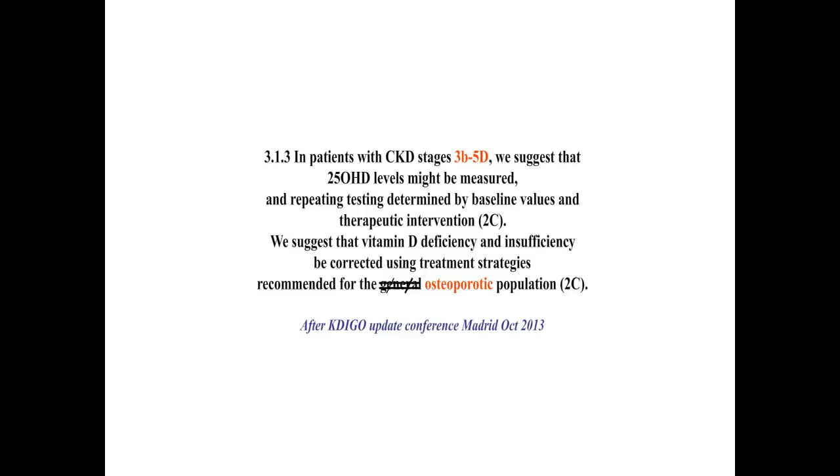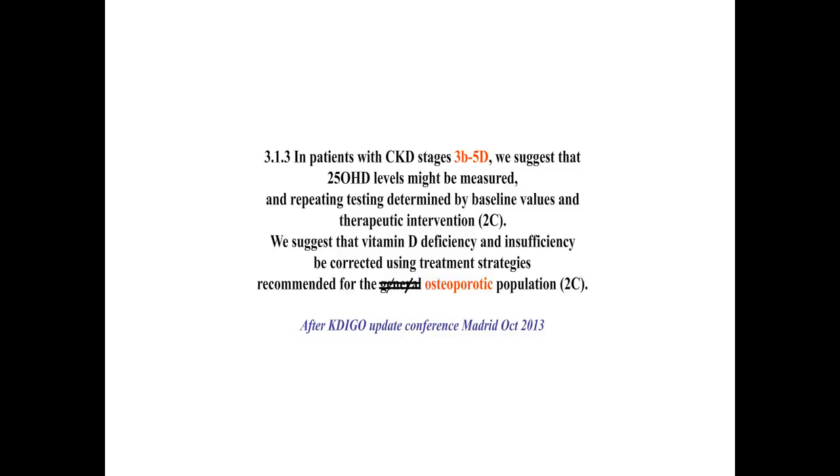So the practice guidelines state here, in patients with CKD from 3 to 5 and on dialysis, 25-hydroxy-D might be measured, and repeated determinations, depending on the therapeutic intervention, will be required. And they suggest that vitamin D deficiency and insufficiency be corrected using treatment strategies mainly directed towards the osteoporotic population.